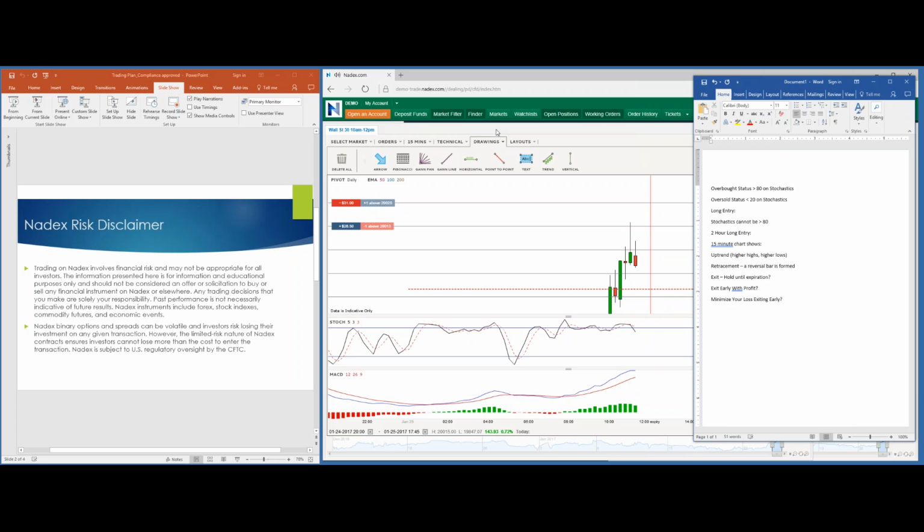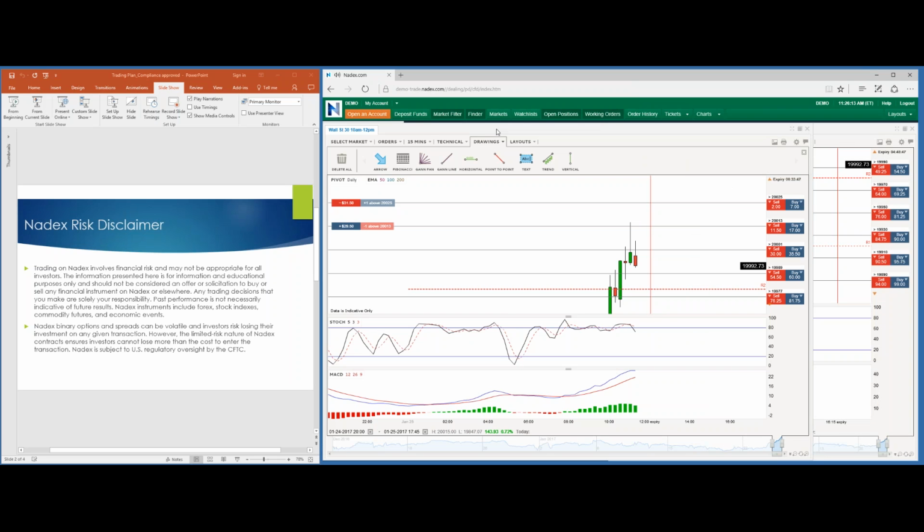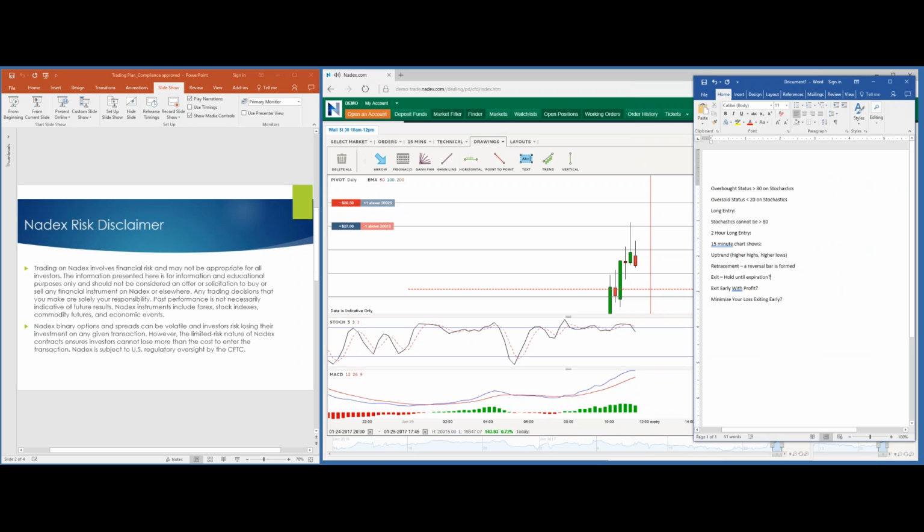Now, one example of this would be, we're going to hold until expiration if price moves at least one strike in our favor and stays one strike in our favor, we hold.